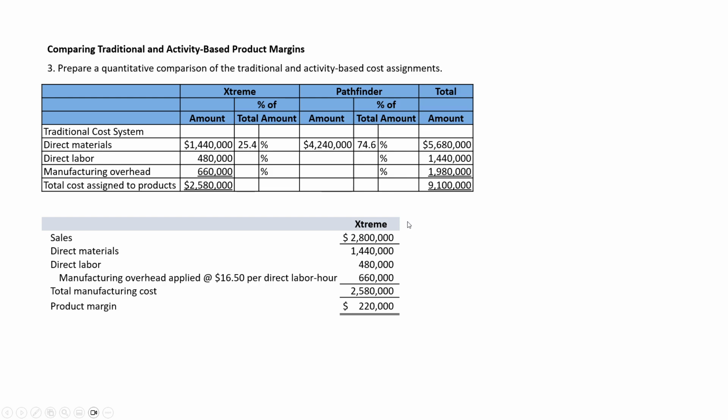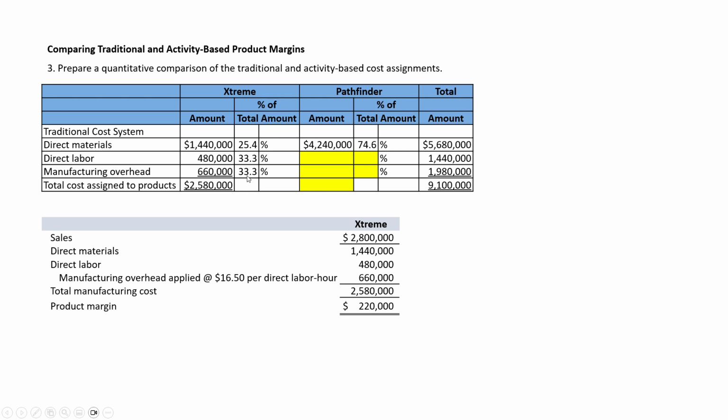Again, still need you to work through all the Pathfinder calculations, but I'm at least giving you the totals here as check figures. For example, if I work through the percentages of direct labor for Extreme and manufacturing overhead for Extreme, for example, $480,000 divided by $1,440,000, 33.3% or a third of the labor cost and also manufacturing overhead cost is assigned to Extreme relative to the company.